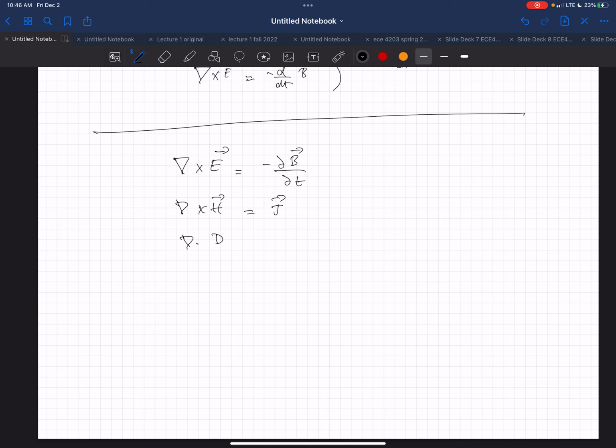Del dot D. So this is Faraday's law. This is Ampere's law. This is charge density. This is Gauss's law. And del dot B, I forgot that. I guess this didn't really have a law, but it was just this function.